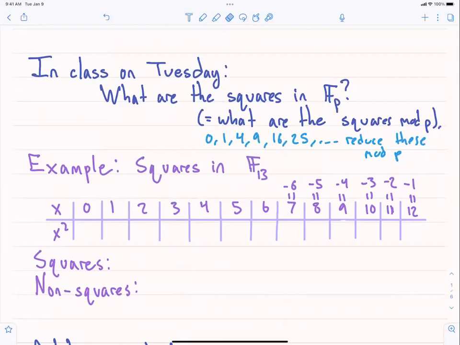Okay, just an example, we can look at the squares in F_13. To compute those, we can list out all the elements of F_13 and then see what we get when we square each of these.